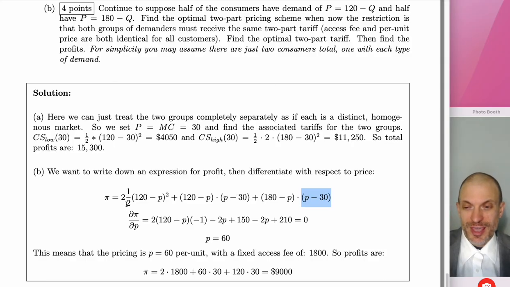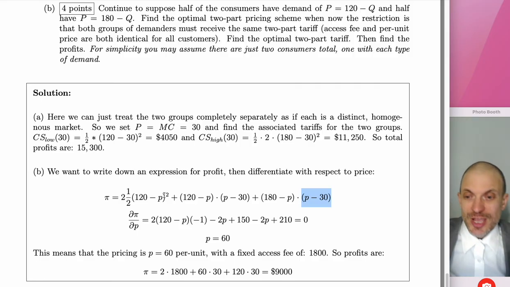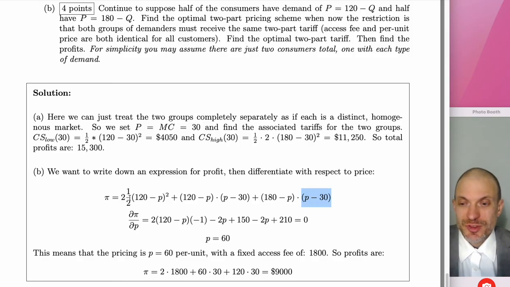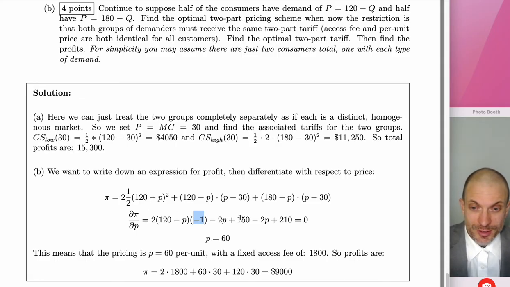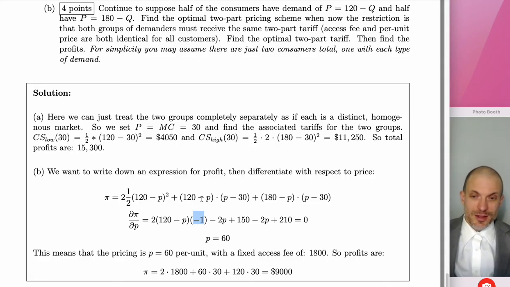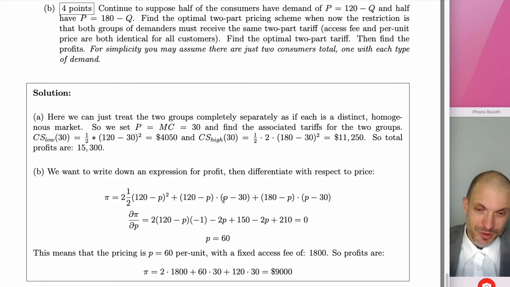So, first I canceled the 2 and the 1/2. Then it's going to be chain rule right here. So it's going to be 2 times the quantity 120 minus p, and then it's the derivative of the outside times the derivative of the inside. The derivative of the inside here is going to be -1. And then this right here is going to be the first, which is 120 minus p, times the derivative of the second, which is just 1.